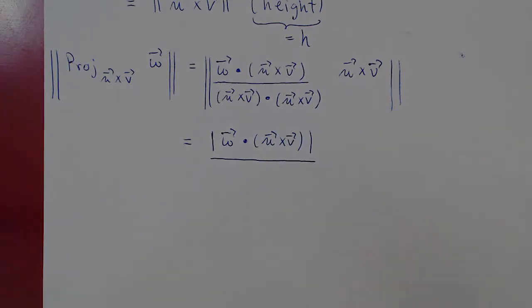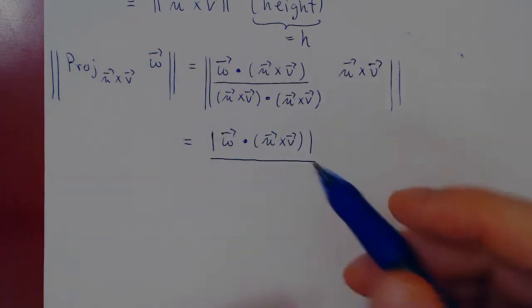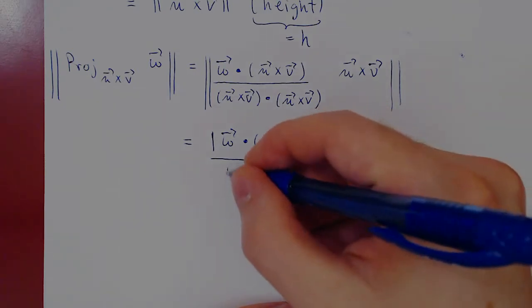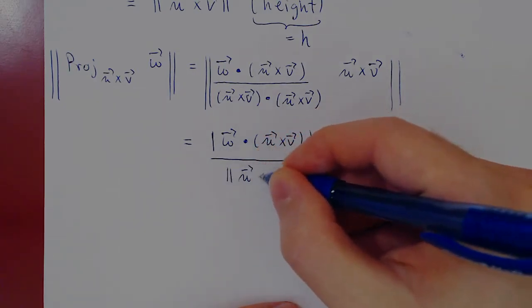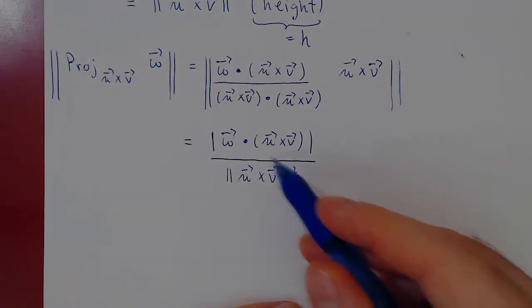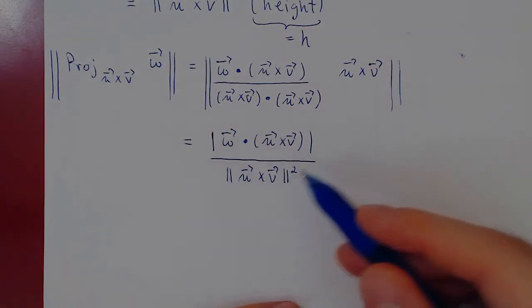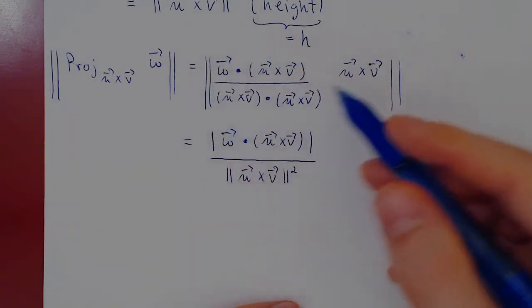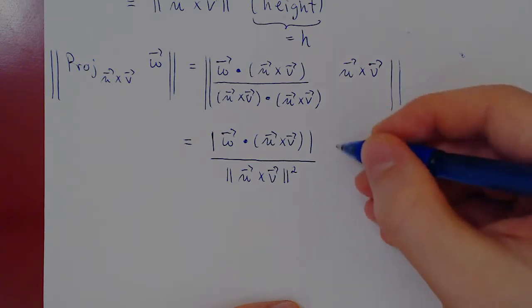If you remember, if you dot a vector with itself, what you have is the norm of the vector squared. So u cross v dotted with u cross v is simply the norm of u cross v squared. And this is obviously non-negative, so we don't need the absolute value. But now we've pulled all of this outside the norm, and we're left with the norm of vector u cross v.